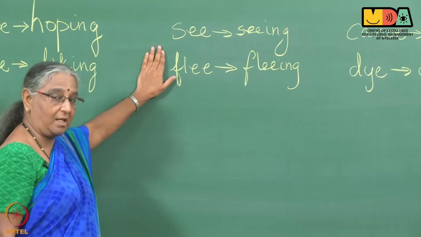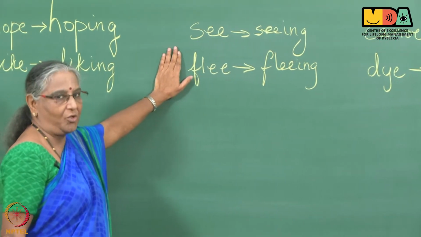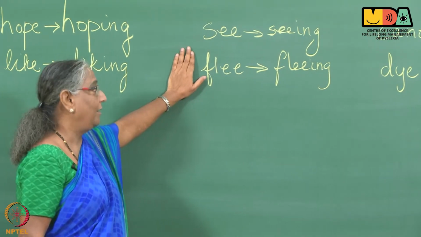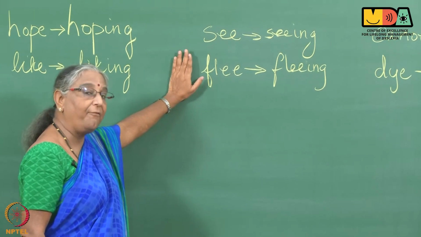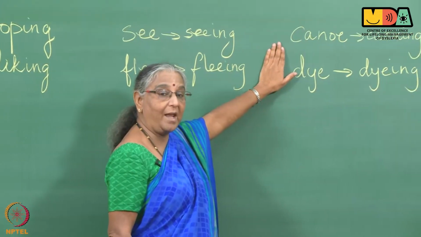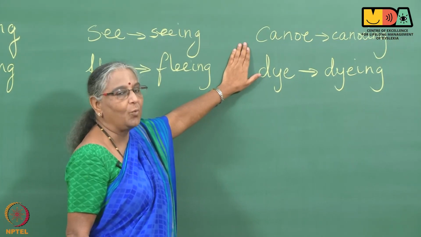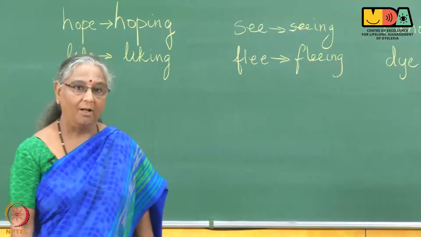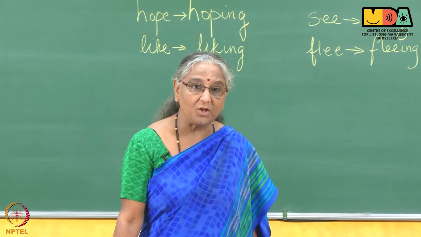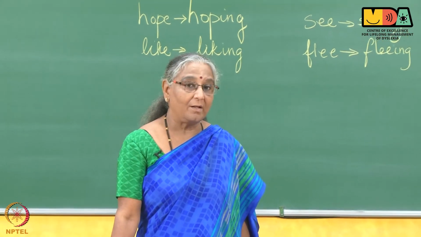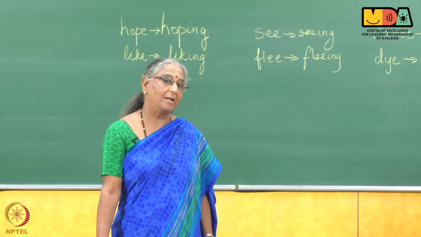In the word see, when you have a word ending in double E, you do not drop the E when you are adding the vowel suffix. For instance, seeing and fleeing, when you have words ending in OE or YE. Here again, we do not drop the E. So, you can make it a practice that when you are adding ing, you are going to see whether they come as part of the exceptions, and then you teach your child to add the ing.